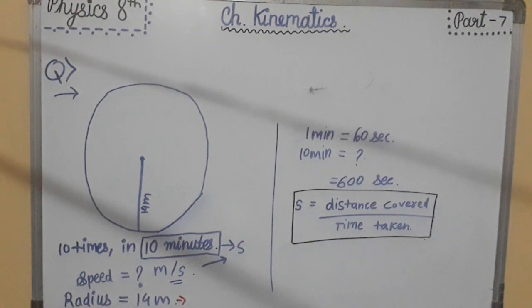That will be n into 2 pi r is equal to 10 into 2 into 22 by 7 into 14. 10 is the number of times, into 2 is the formula, pi's value is 22 by 7 and radius is 14.